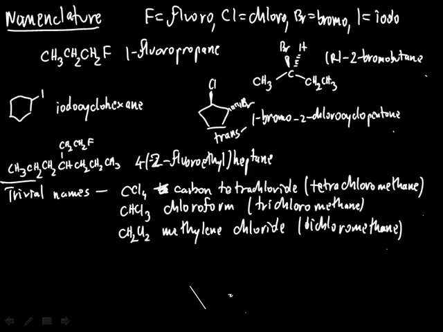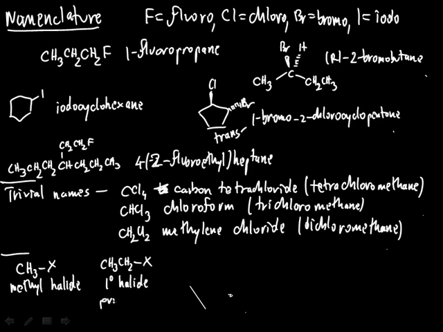In terms of the classification of alkyl halides, we again can speak about a methyl halide. But then if we get into more substituted systems, then we can talk about a primary halide, which are those which have halogen bound to a primary carbon atom.